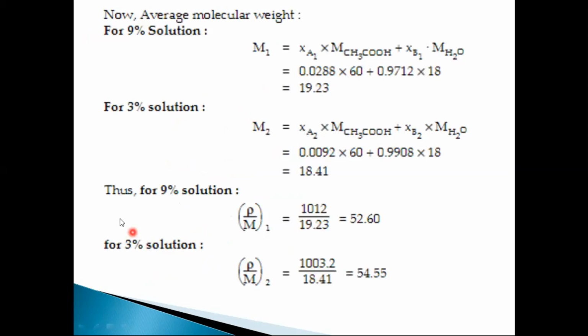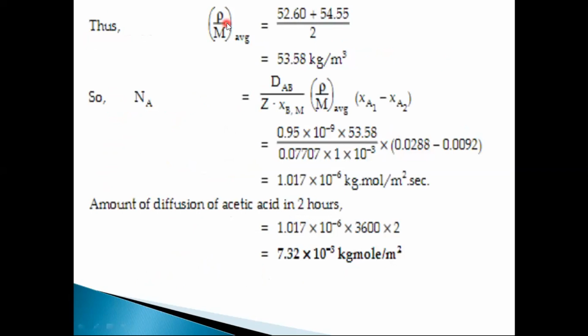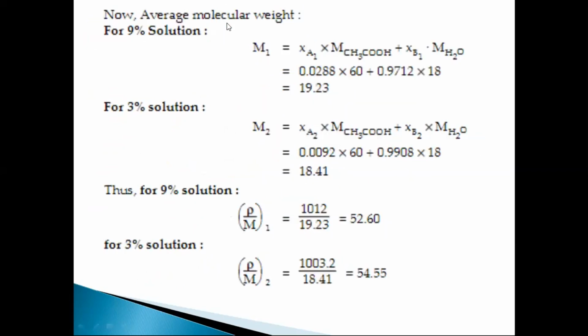Now the remaining part is to calculate rho by M average. Before that, we should know rho by M1 and rho by M2. For this we will first calculate the molecular weight of the solution. For the 9% solution, M1 is XA1 into molecular weight of CH3COOH plus XB1 into molecular weight of H2O.